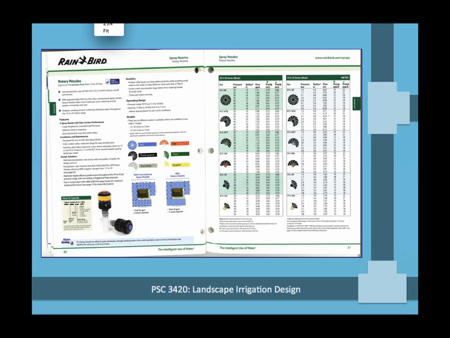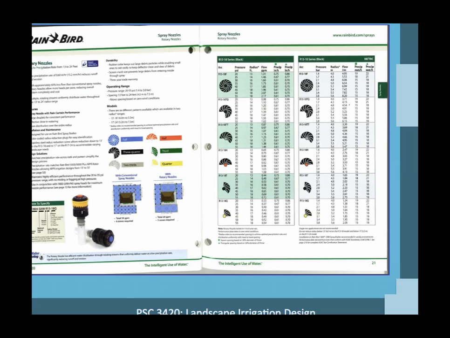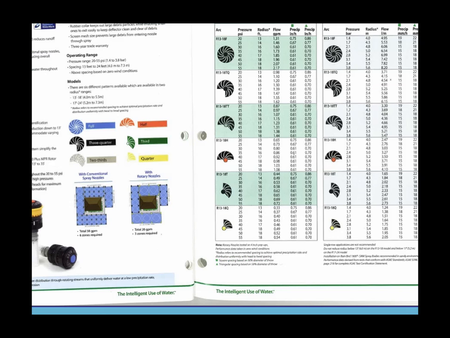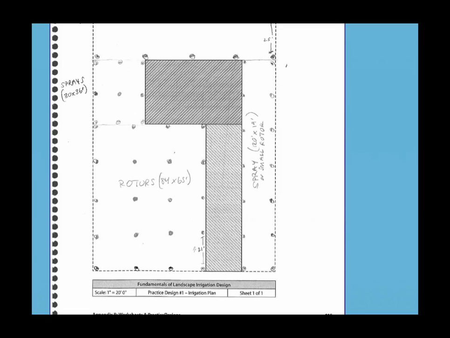It works for lots of different applications. Let me make this a little bit bigger if I can, even bigger. But I was looking at this and thinking, all right, this particular radius of throw could work for a couple of different areas in the plan that we're working on.